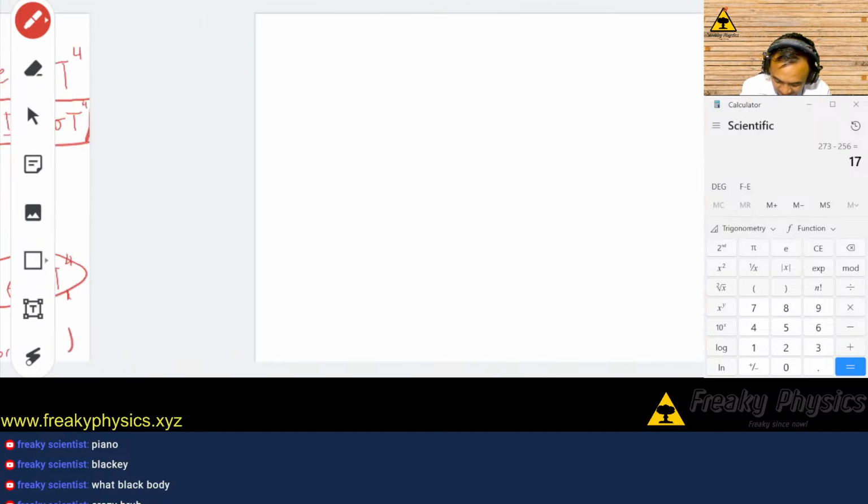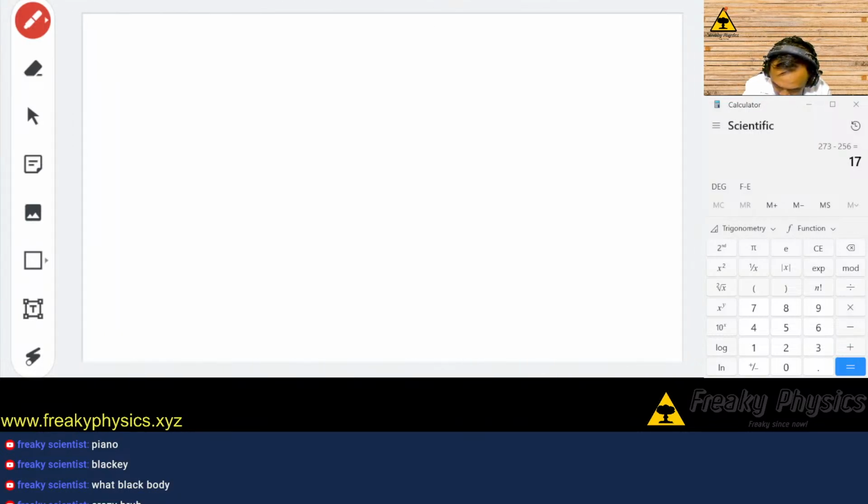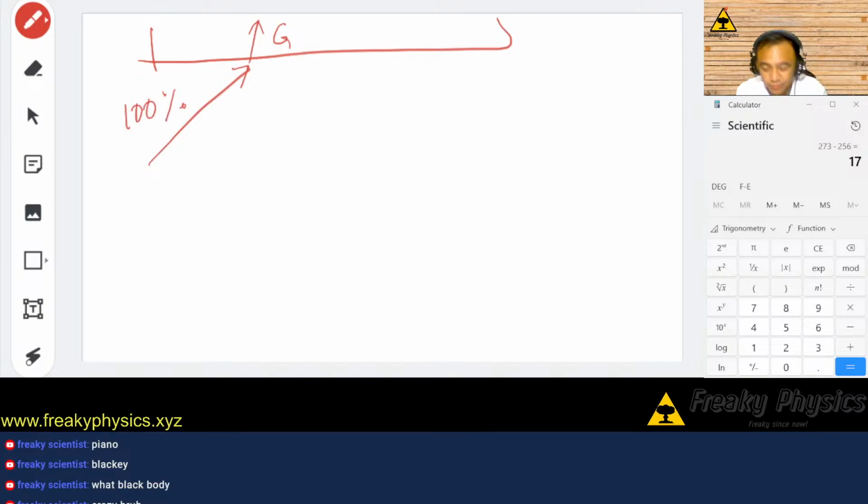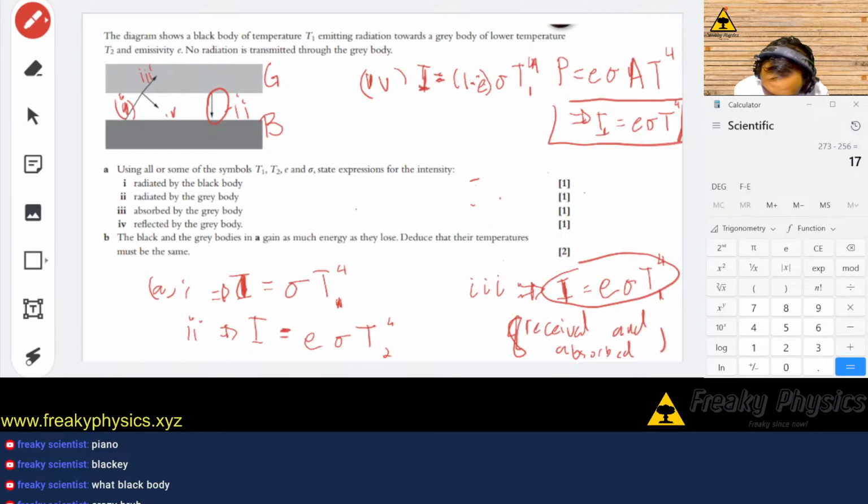So let's think about it this way. This is the incident on the gray body. So this is the gray body. And then how much of it is absorbed? Let's just say in percentage. This is 100%, right? That's where the 1 comes from. Now it absorbs how much was it again?